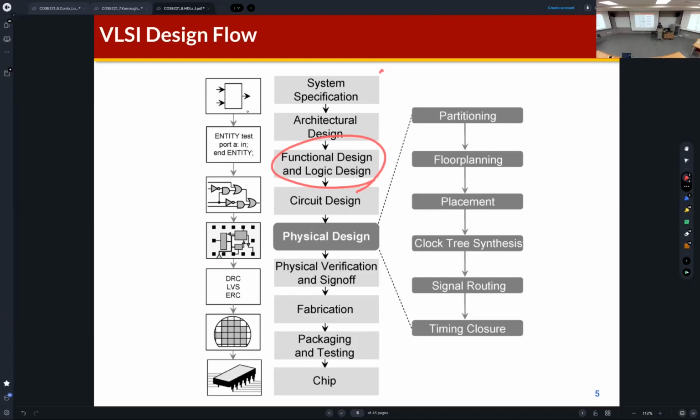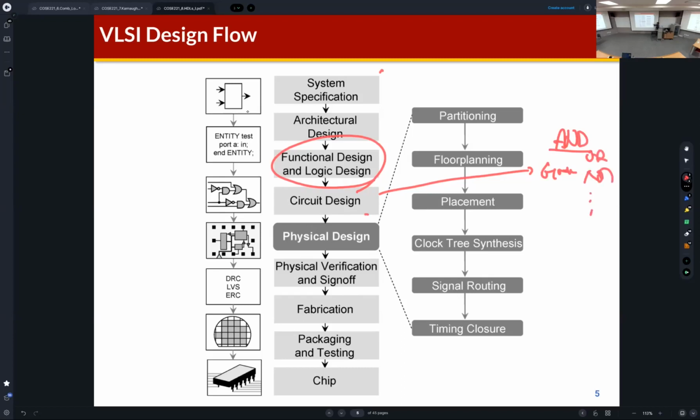Then circuit design. Based on the logic design, the circuit can be implemented, which means that we can implement some circuits using transistors, actually gates, like the AND or an exclusive OR.